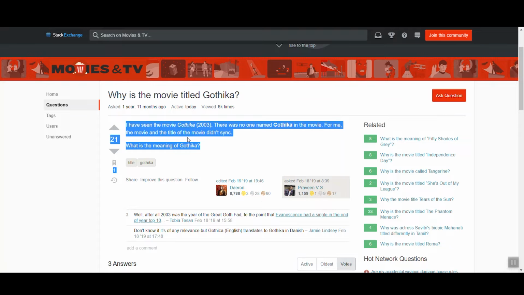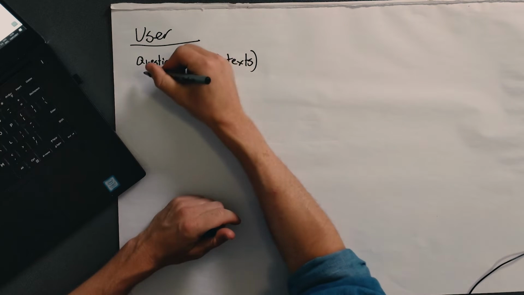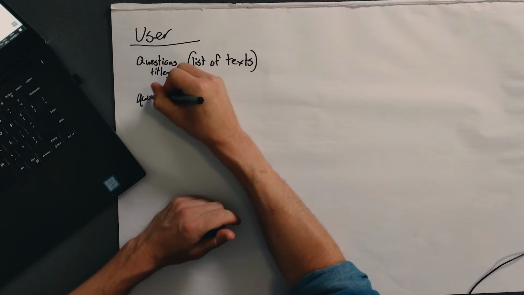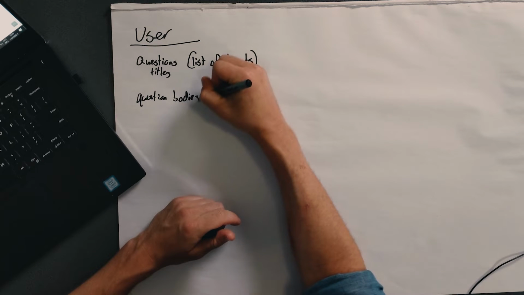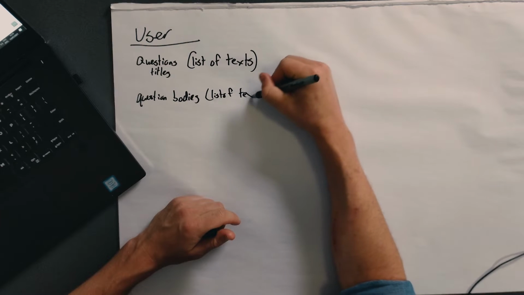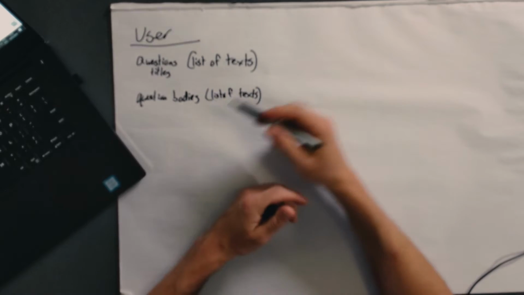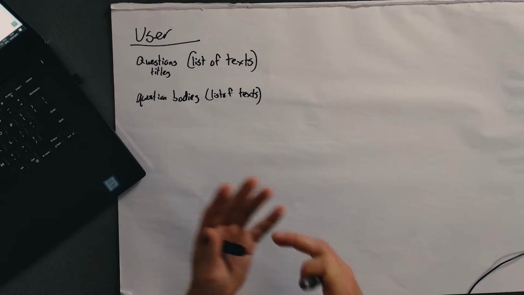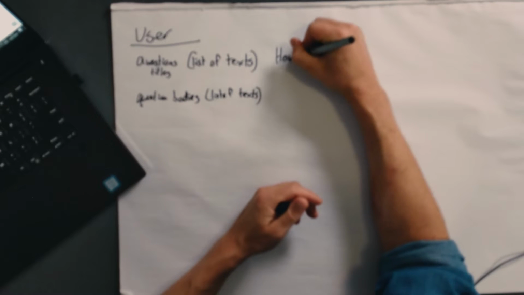Now, we could have, all right, we'll make this question titles, and have down here question bodies, and they're both lists of texts. You can probably see how this is going to become a problem, because a question title and a question body belong to the same question, but there's really no way to connect these two things.